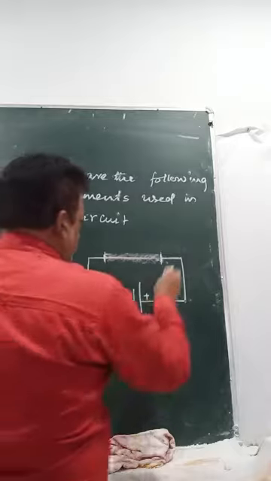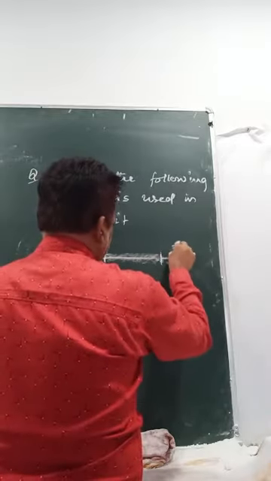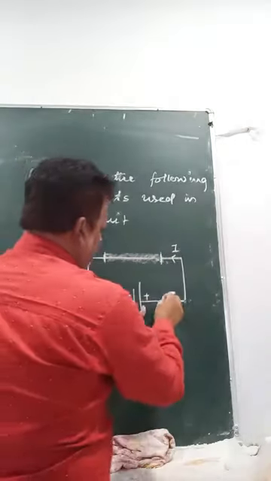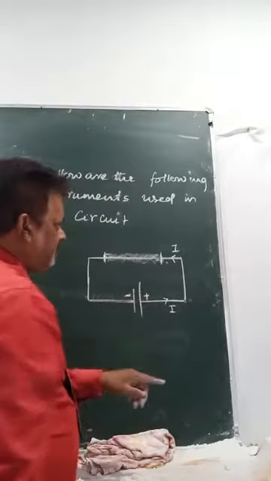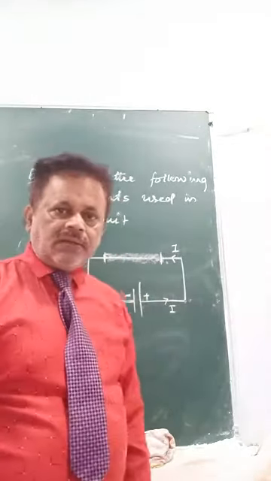Suppose I want to know whether the current I is flowing or not, because current has to flow from positive to negative. How do I know this current is flowing or not?